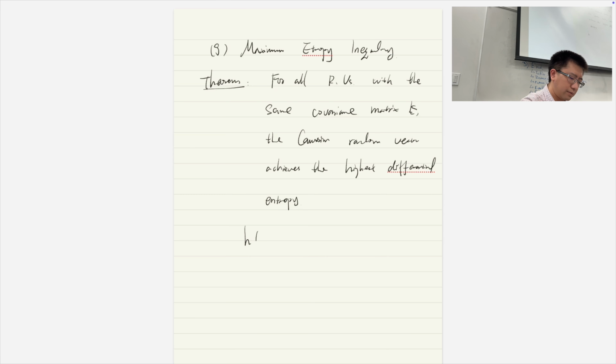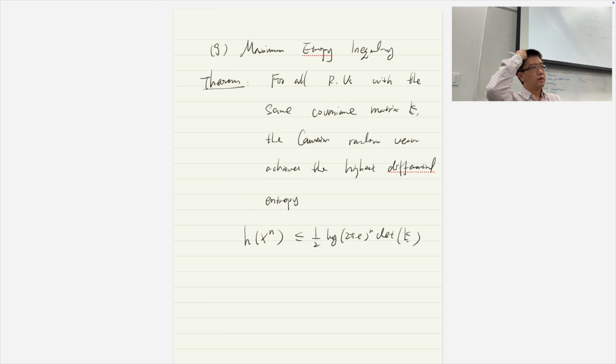So this basically means that this will be less than or equal to 2 pi e to the n determinant of K. Okay, very good. So this is the result, right? If we consider the same exact covariance matrix, then the Gaussian distribution will maximize the differential entropy, not uniform.